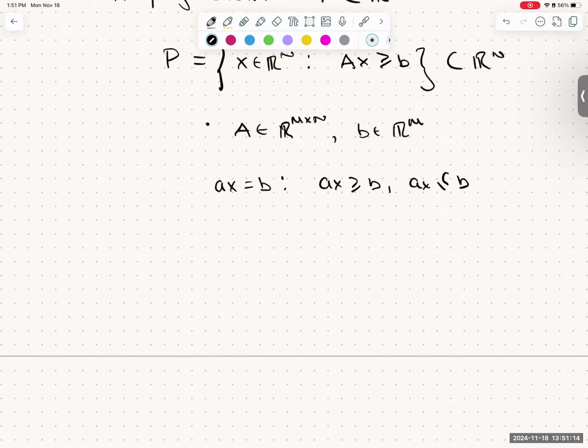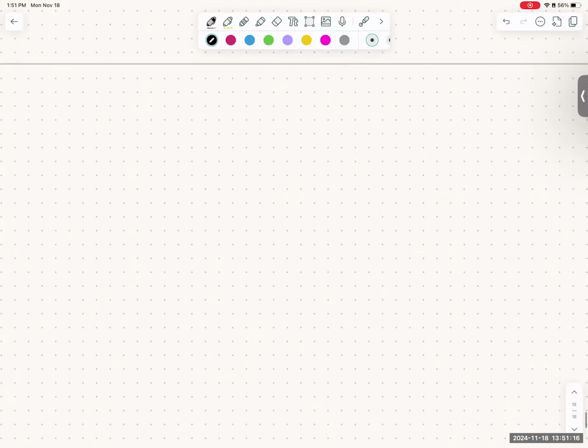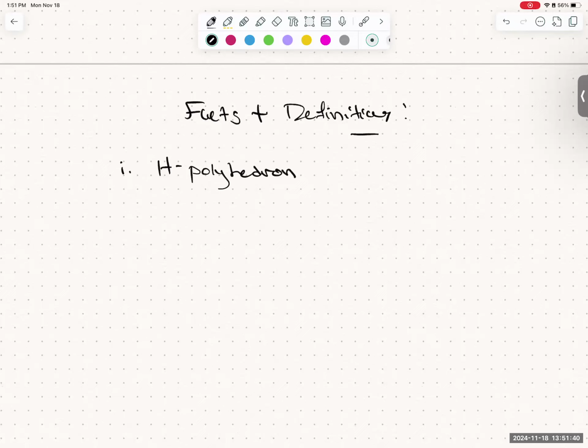Okay. So just some basic facts and definitions. I will just rattle these off, and please let me know if one of these does not seem reasonable.